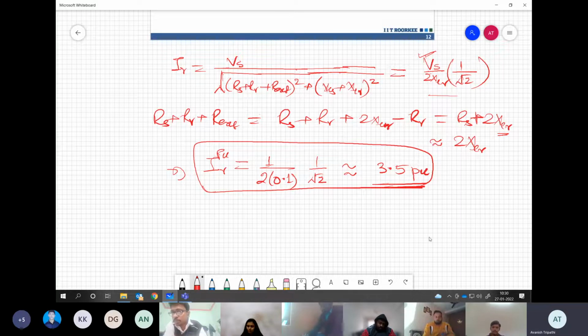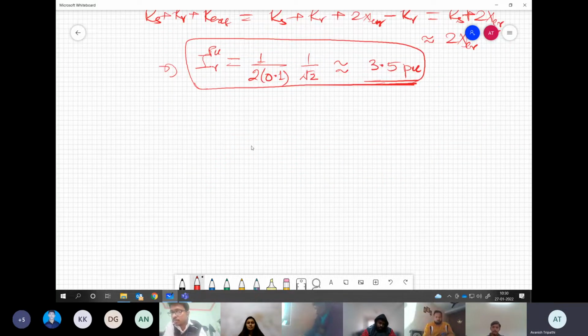Now, definitely our current has reduced. Now what has happened to power factor? It should improve. That's the general understanding, because we are inserting resistance in the circuit. So we have R total divided by Z total.